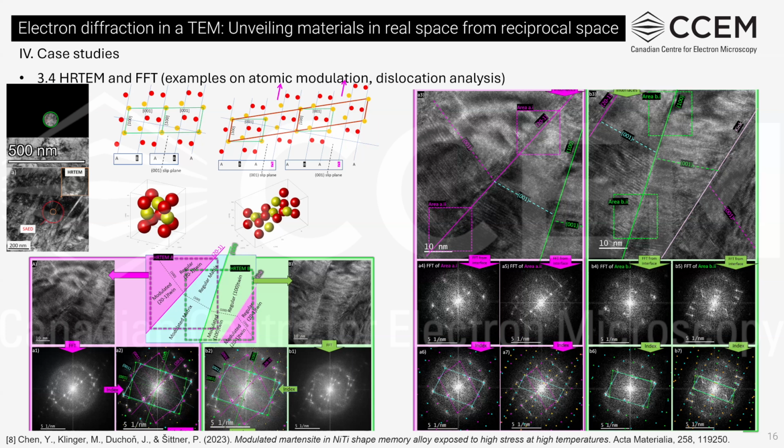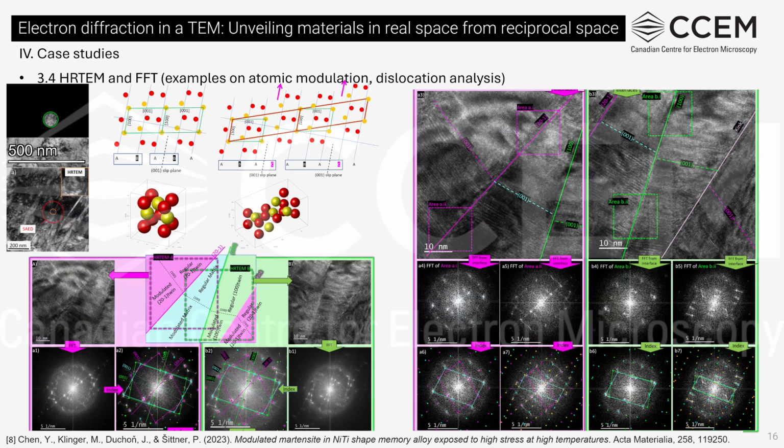In Talos 200, if I insert the smallest SAED aperture, the aperture diameter is 100 nanometers. If our area of interest is less than this aperture size, for example, here our area of interest has a diameter of 40 nanometers, and our smallest SAED aperture size was 200 nanometers at that time.